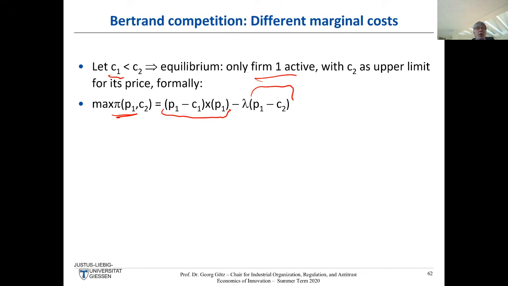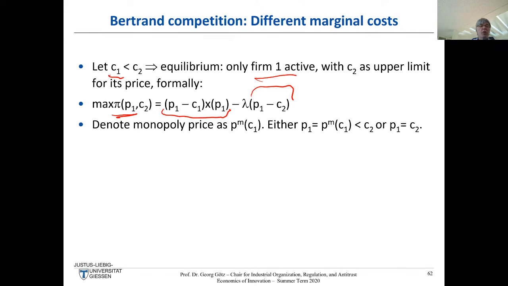What are you doing? You just maximize your profit. And of course, what is profit maximizing? It would be the monopoly price. So you get PM, the monopoly price, given C1. Of course, if your rival has a cost which is lower than this monopoly price, you cannot charge this price because your rival, with actually higher cost, would undercut you.